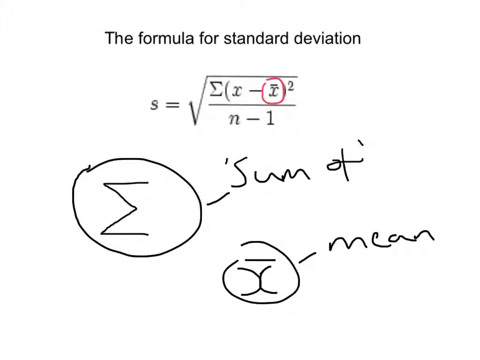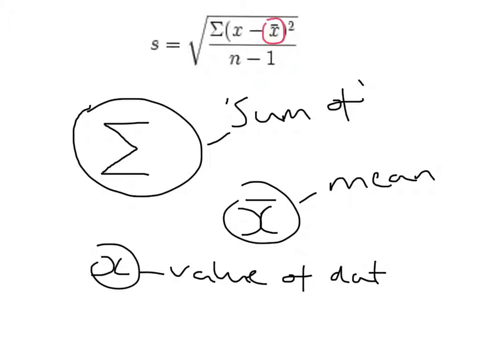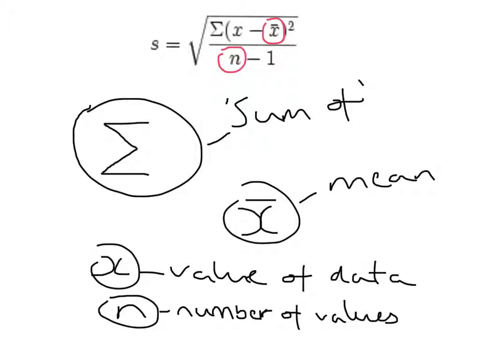The only other things that we have are X itself, which refers to the value of the data, and N up here, which refers to the number of values.